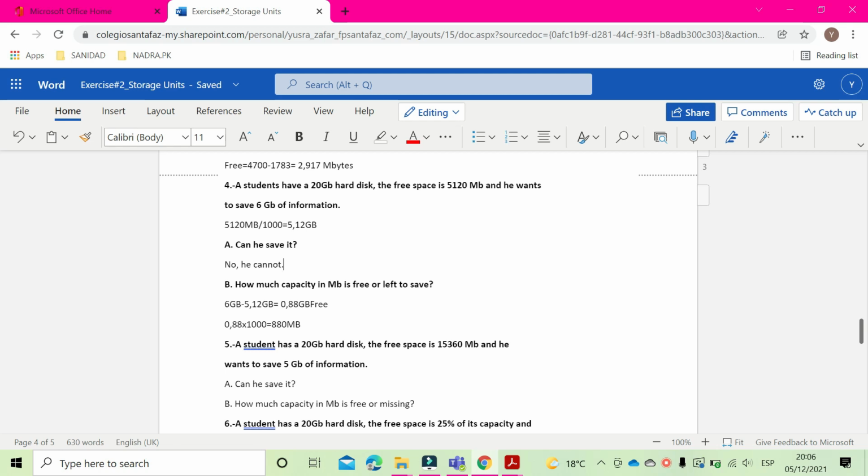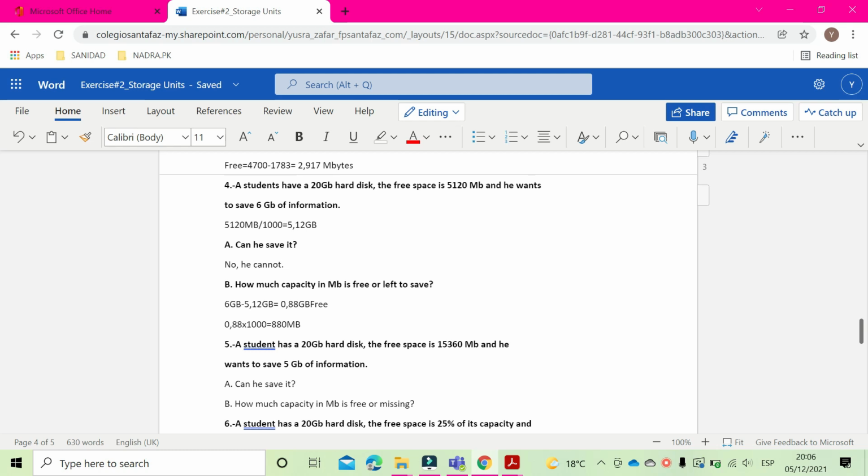How much capacity in MB is free or left to save? This is 6 GB. They want to save 6 GB and the capacity is 5.12. So we are going to subtract, which is equal to 0.88 GB free.